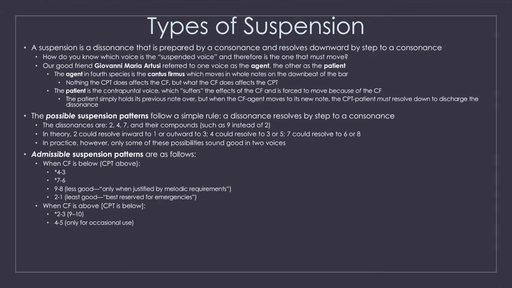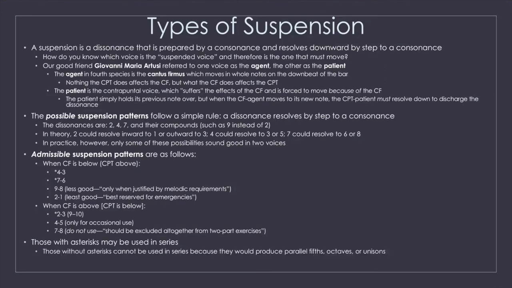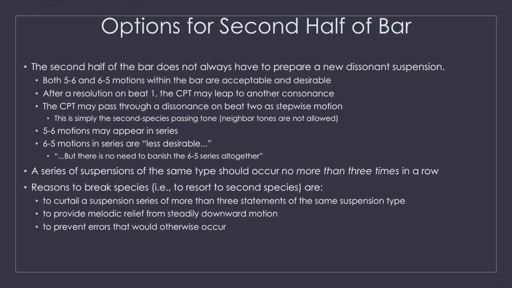It's fine, but just don't use it in series because you would create a series of perfect fifths, basically. The 7-8 suspension is just one that's not common. You're not going to use it. Okay, and then just pointing out that the asterisks here mean that those can be used in series. So those without asterisks cannot be used in series because they would produce parallel fifths, octaves, or unisons.